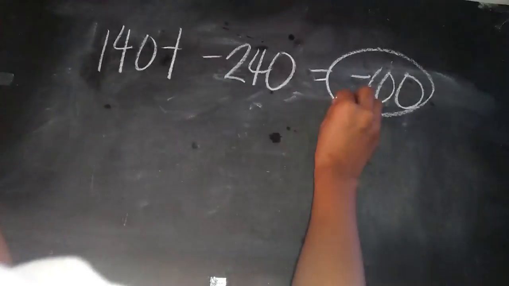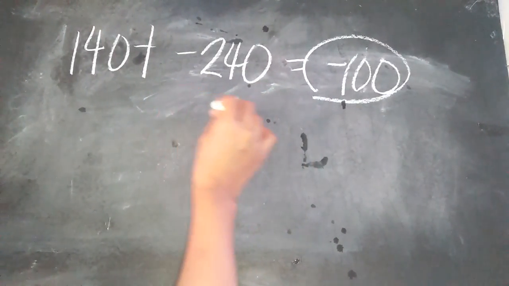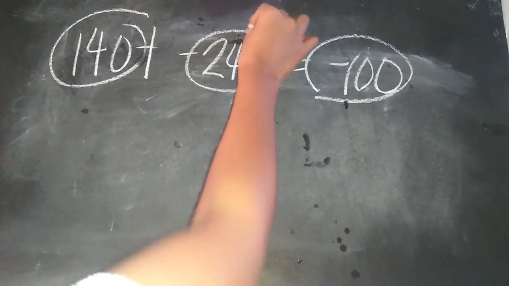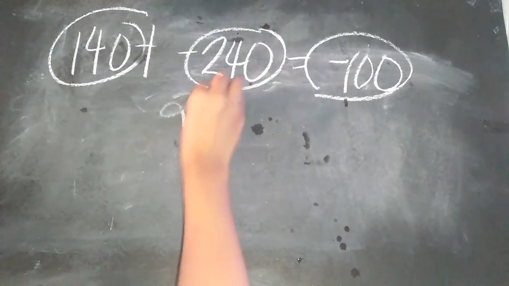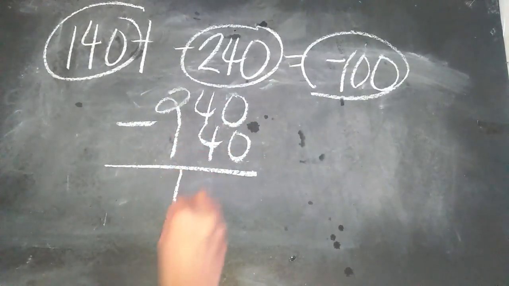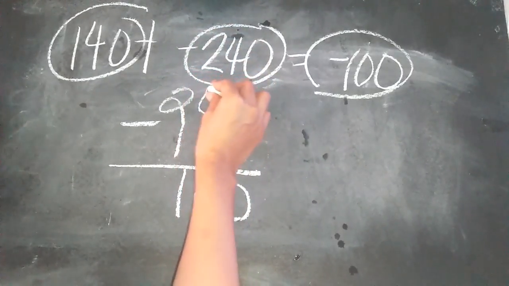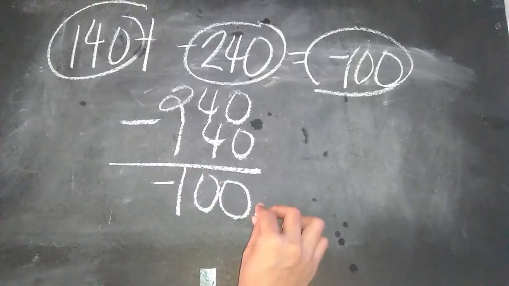Why -100? Because since they have different signs, just subtract the two numbers and take the sign of the bigger number. So 240 minus 140 is 100, and we take the sign of the bigger number, which is 240. So it is -100.